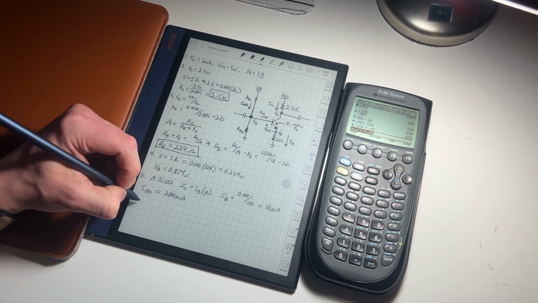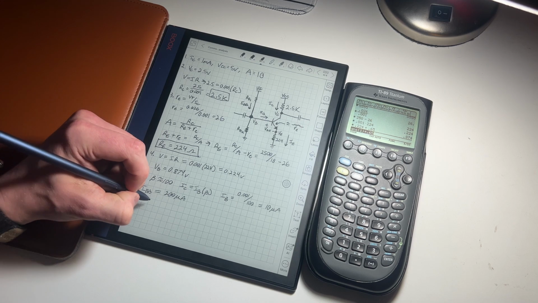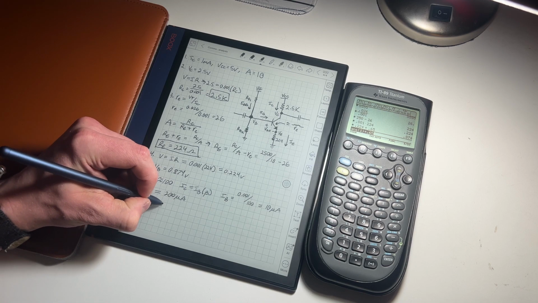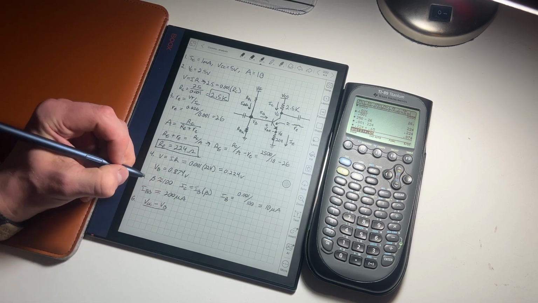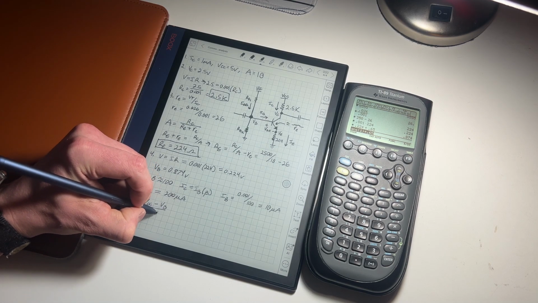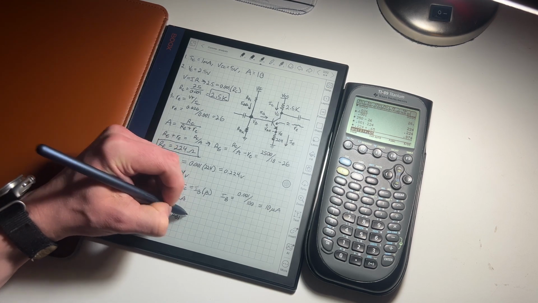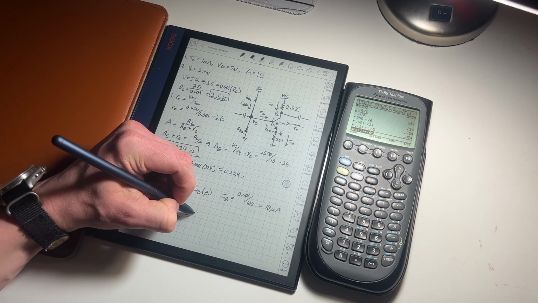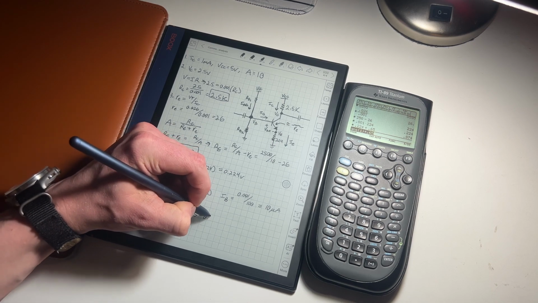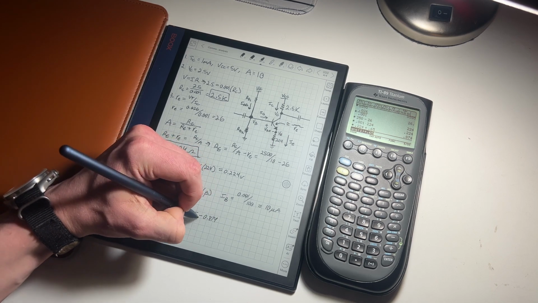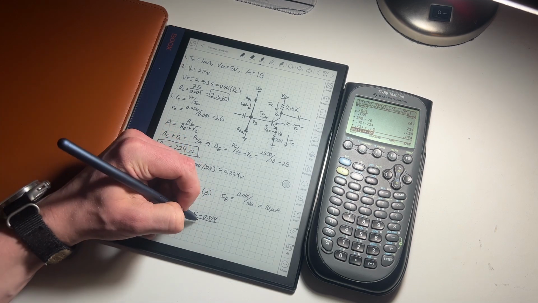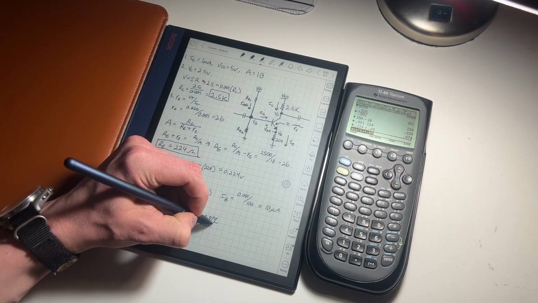So, RB1. The equation for RB1 is going to be VCC minus VB over IBB equals RB1, which equals 5 minus 0.874 volts divided by 200 microamps.